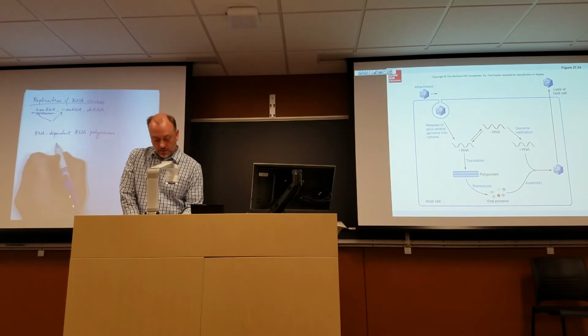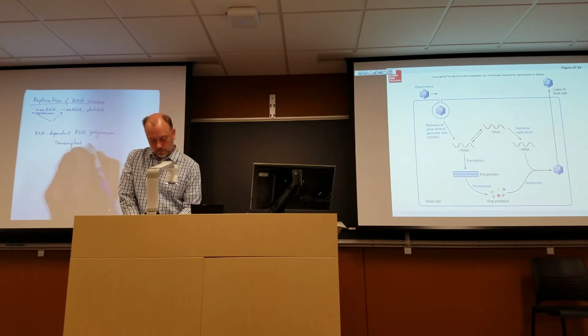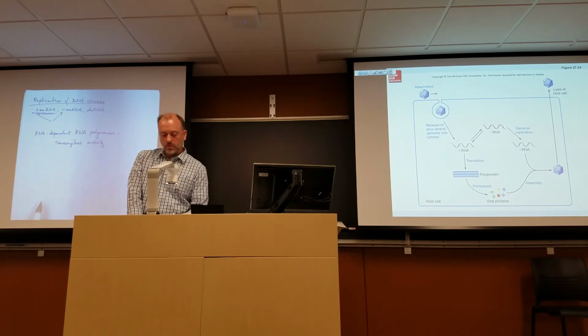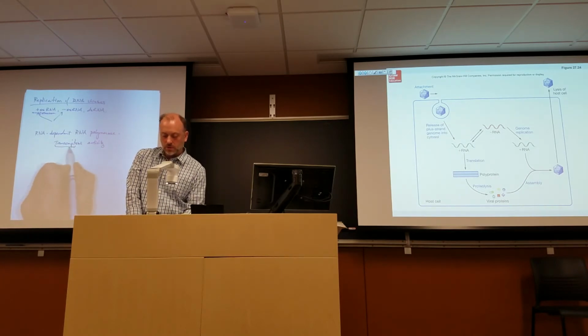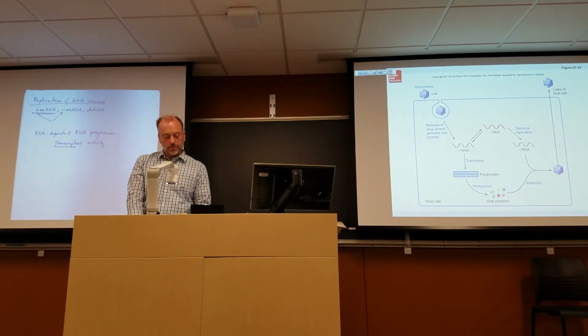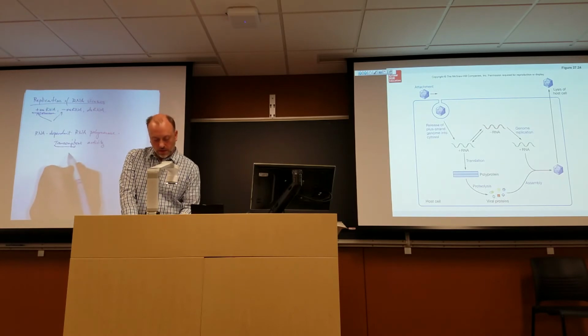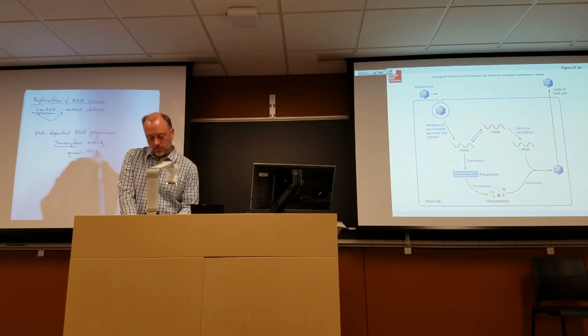One of them is called the transcriptase activity. It's the one that's generating the transcript, which is what? It's the mRNA, right? So this converts the genomic RNA into mRNA.